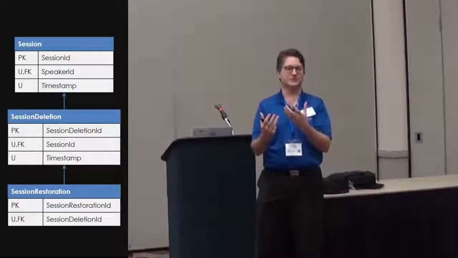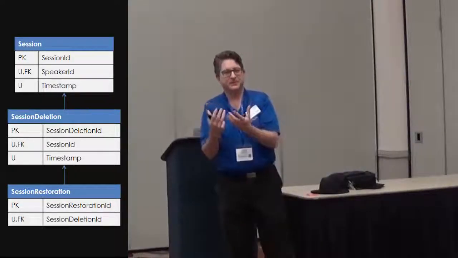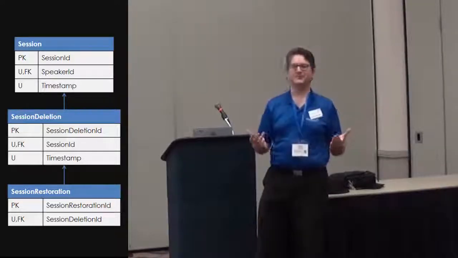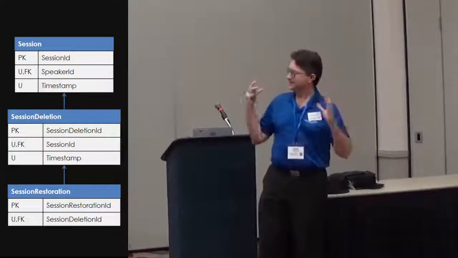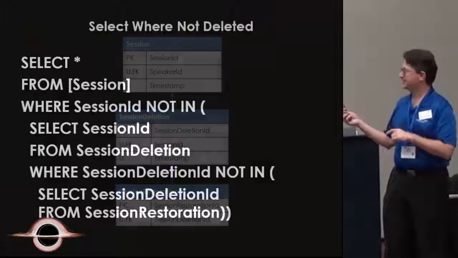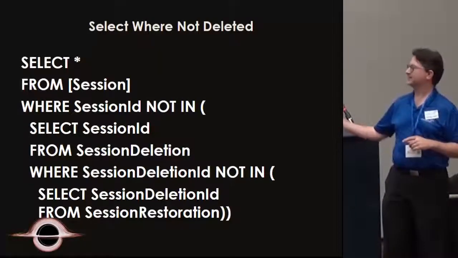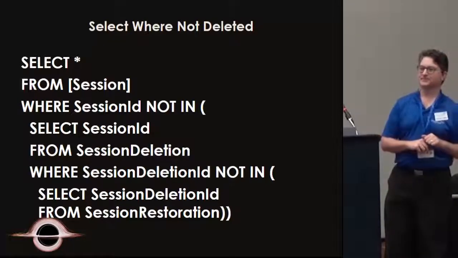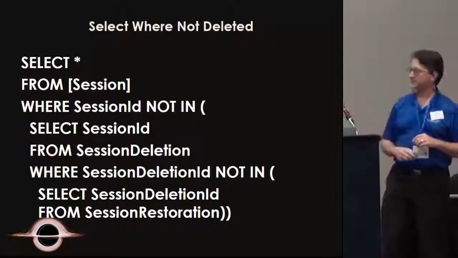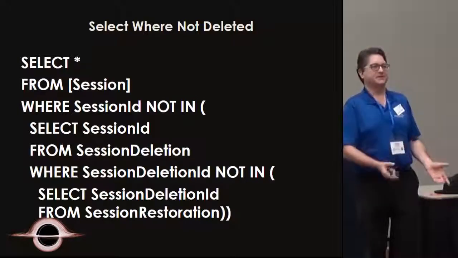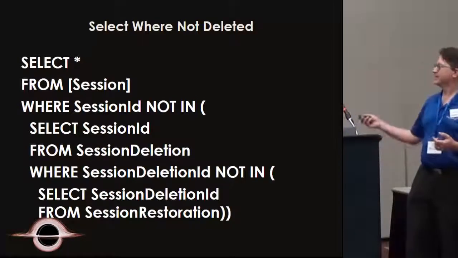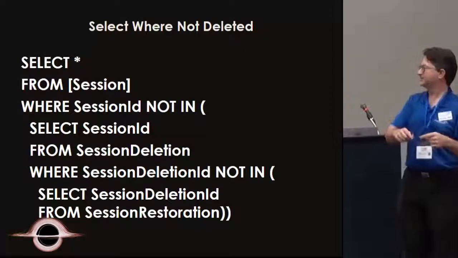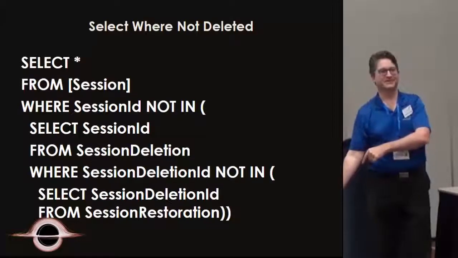All I can do is insert, but then I need to figure out what's the current state. Is this thing deleted or not? It's deleted if there exists a session deletion that does not have a session restoration. And so I can figure out which sessions do actually exist by looking for the ones where the session ID is not in the session deletion, where that session deletion ID is not in session restoration.